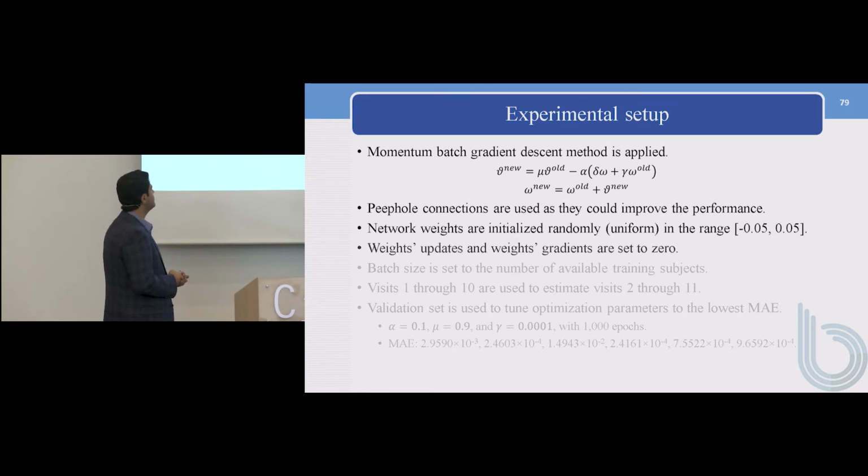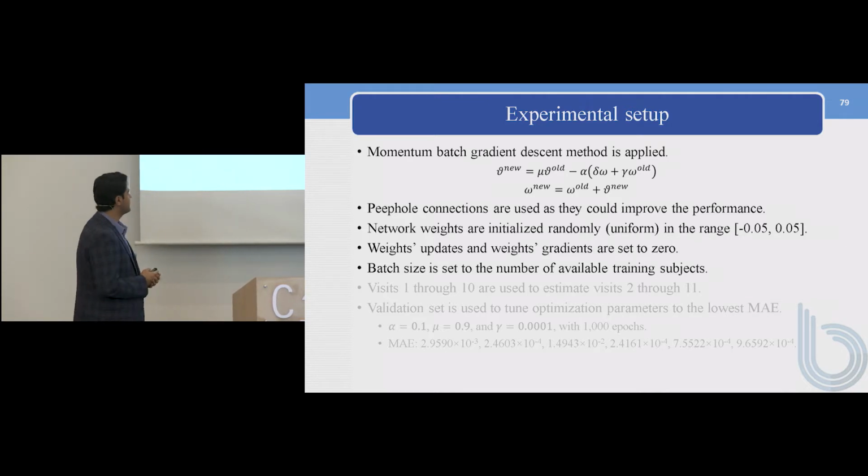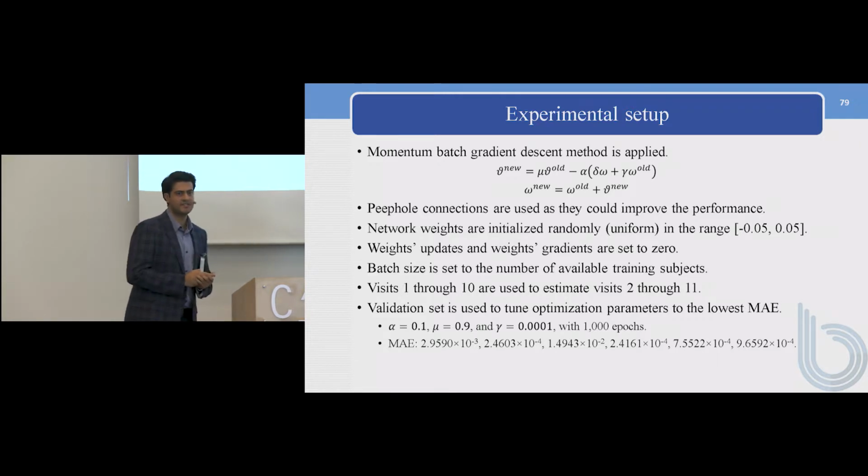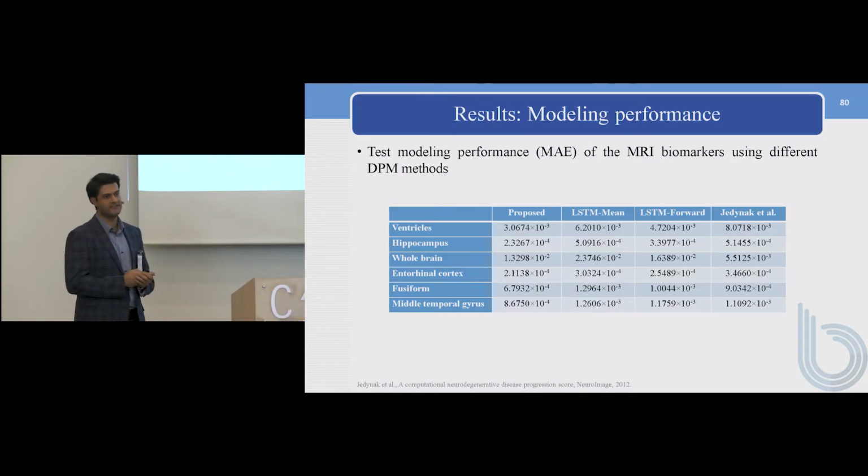Peephole connections are used to improve the performance. Network weights are initialized at smaller ranges, and the batch size is set to the number of available points, which is 742. We use visits 1 through 10 to estimate visits 2 through 11, and the validation set is used to tune the optimization parameters to achieve the lowest mean absolute error.